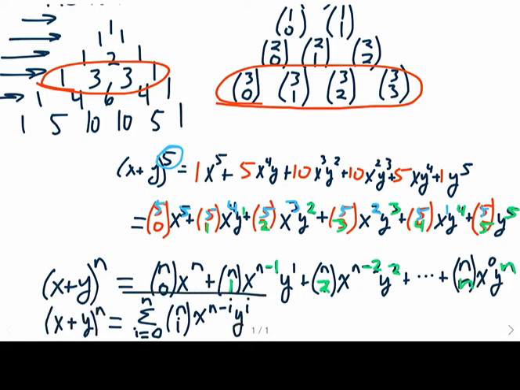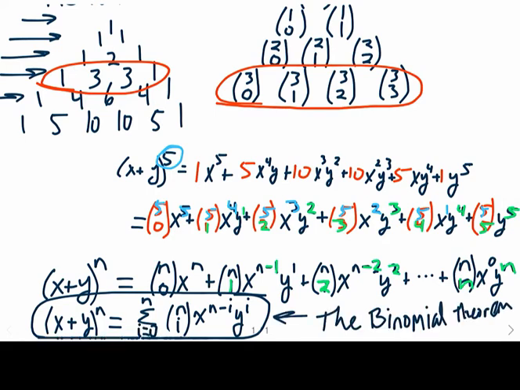That sum for (x plus y) to the n is the binomial theorem. And as that i increases, so does the bottom number in the combination notation, the number that we're subtracting from the exponent on x, and the number that is the exponent on y.